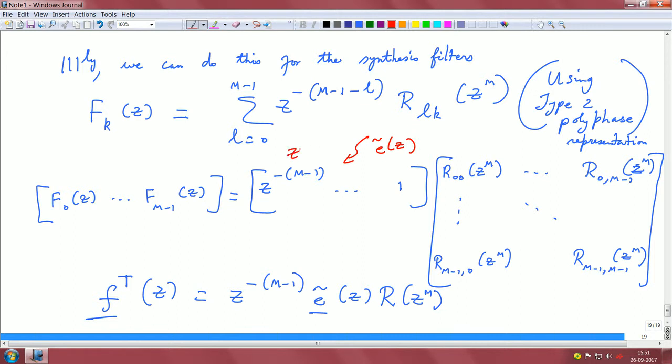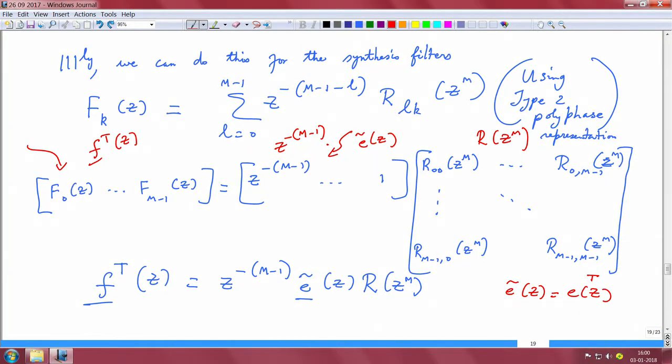I pull the z power minus M minus 1 outside, times E tilde of z. So, it is z power minus of M minus 1 times E tilde of z, where E tilde of z is E of z transpose. Okay. And this is our R of z power M, and this is F transpose of z.